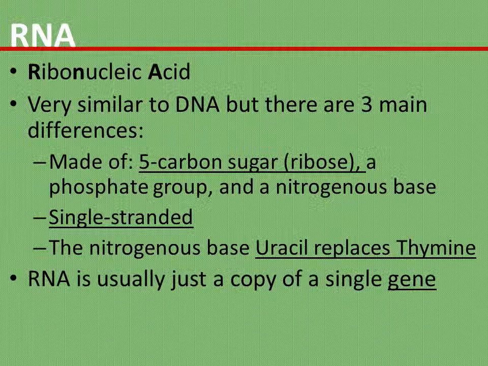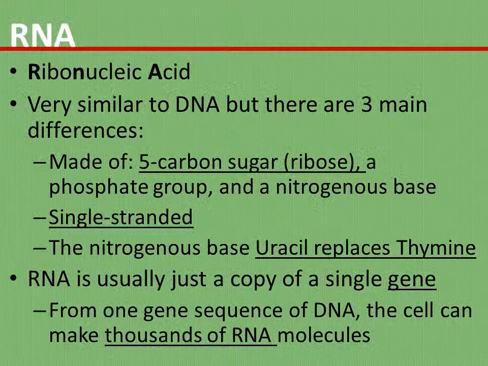Now, when you have RNA, it is just a copy of a single gene. Every gene makes copies of just one type of protein. So when you make RNA, it's going to be a copy of one of the genes in your DNA molecule. And that is because if you have RNA as a disposable copy, you can make thousands of RNA molecules from just one sequence of DNA.